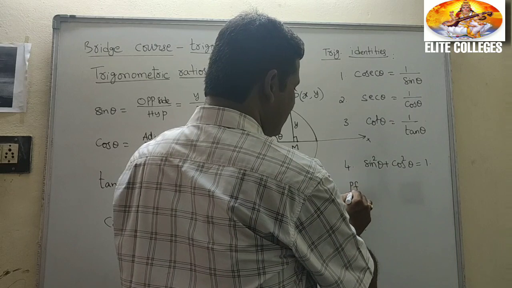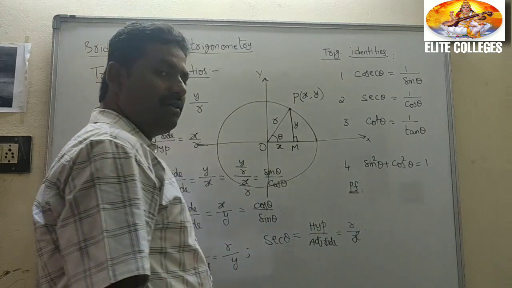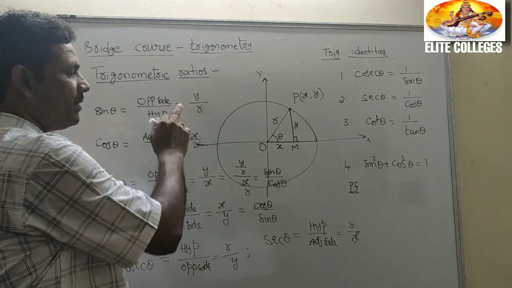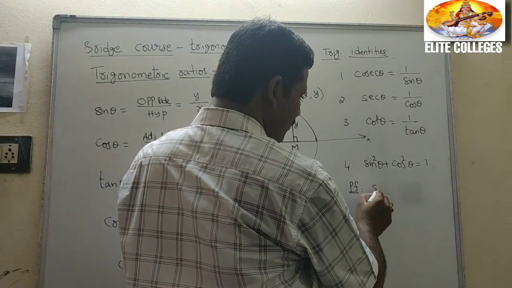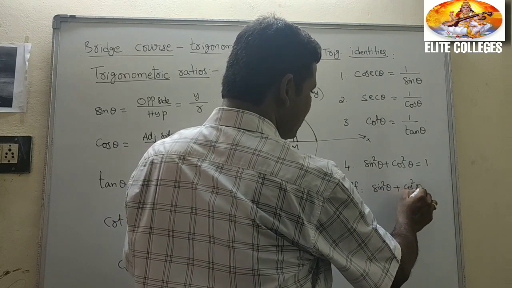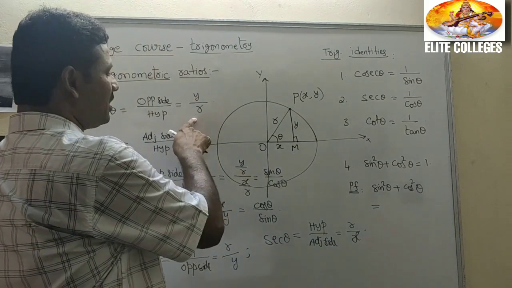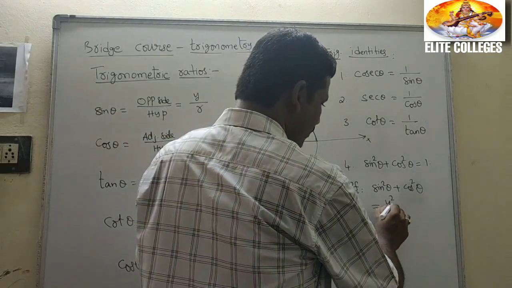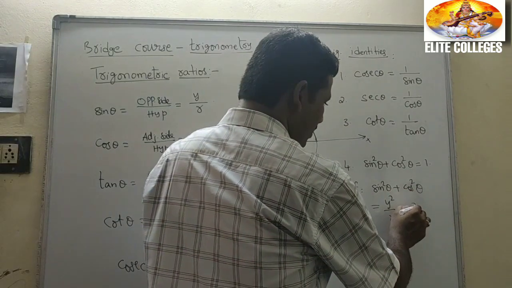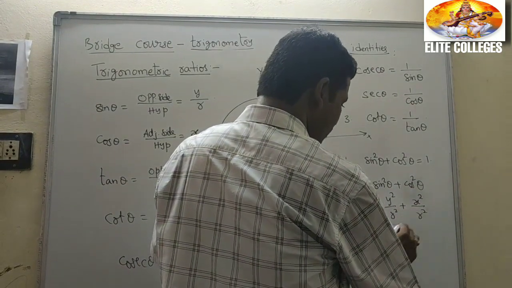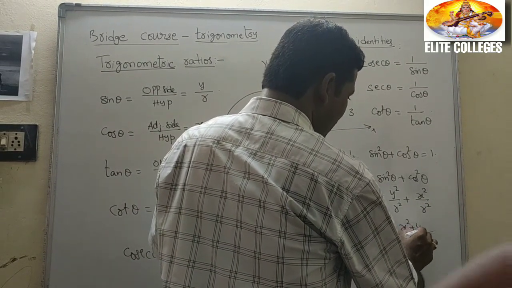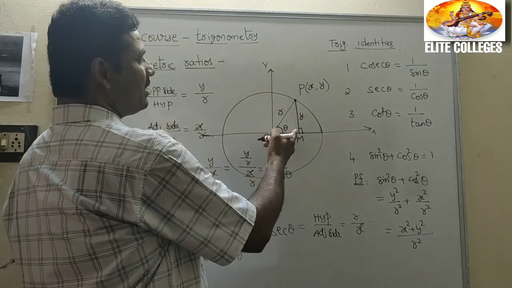Now consider only the LHS, sin square theta plus cos square theta. What is sin theta? Y by r. So sin square theta is y square by r square, plus cos theta is x by r, that means x square by r square. This equals x square plus y square in the numerator over r square. This is the right angle triangle.